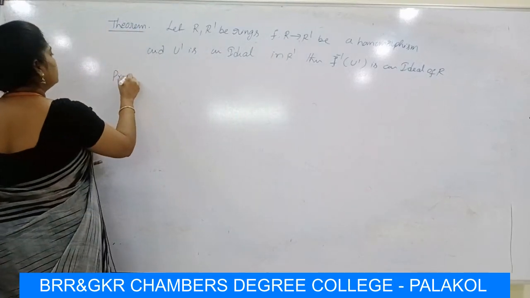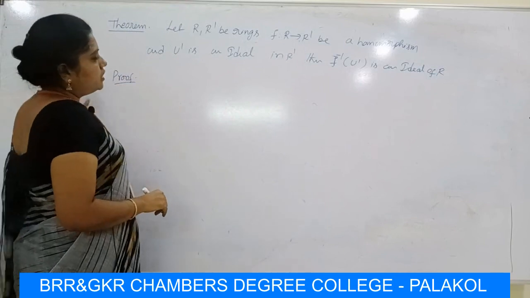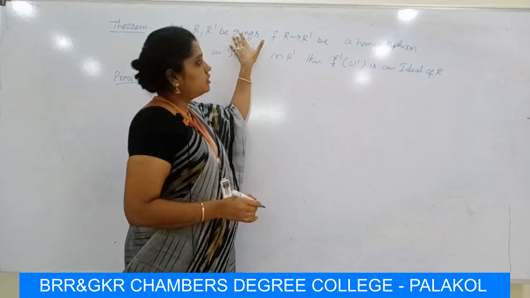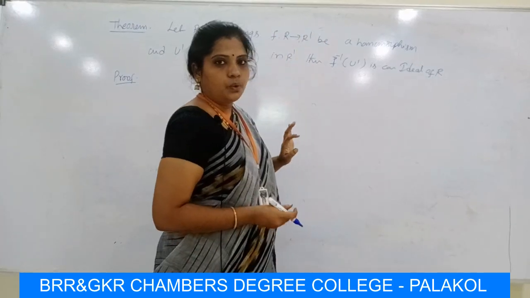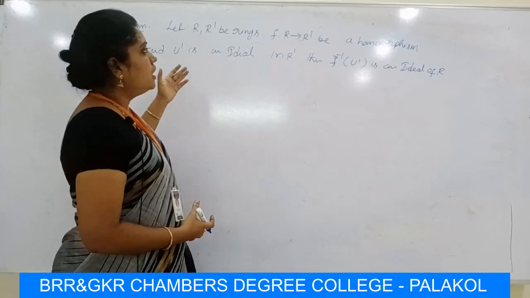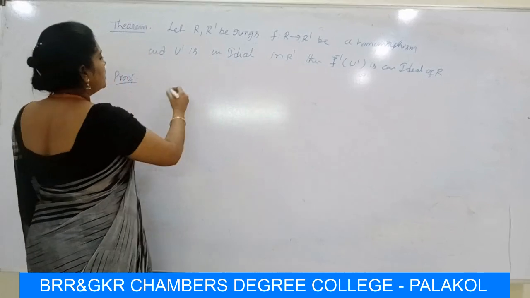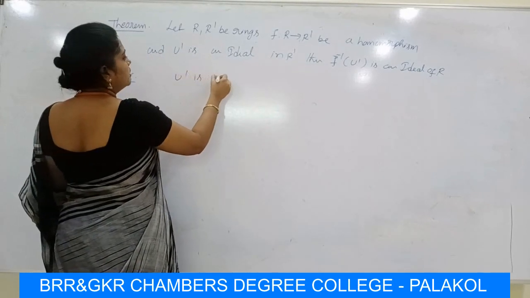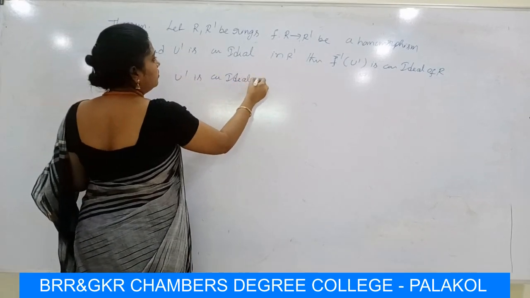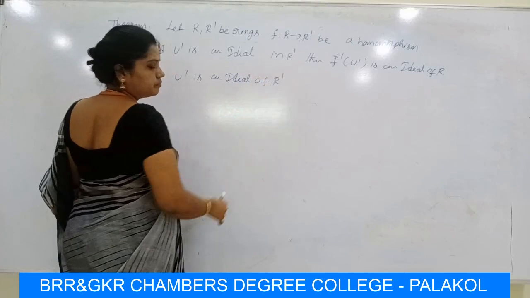Proof. Here let R, R dash be two rings and f from R to R dash be a homomorphism. We assume that f from R to R dash is a homomorphism and U dash is an ideal of R dash.